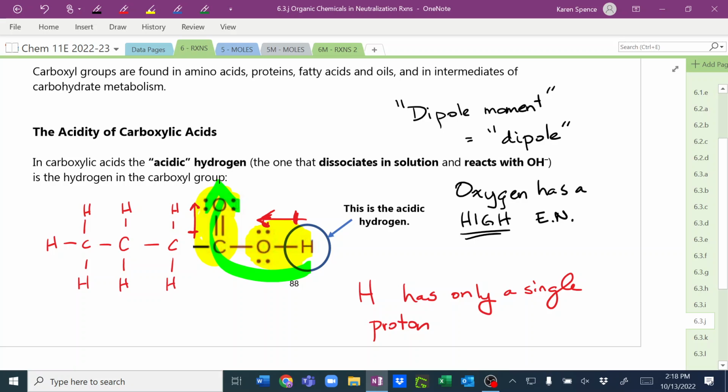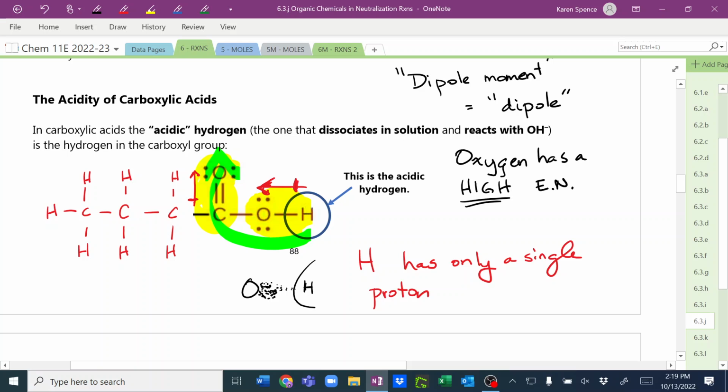And what will happen is that hydrogen will then, because of the electron density close to the hydrogen, if we were to draw our actual bond there, we would have most of the electrons over here, and a little bit over here, right? And given the opportunity, this hydrogen can just fall off and leave the electrons behind. It's a hydroxyl group. Because the dipole is not as strong here.